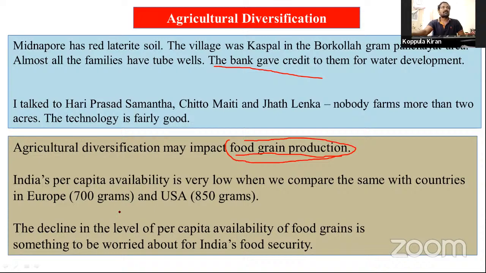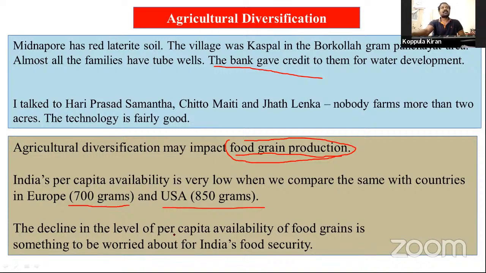But Europe uses 700 grams, USA 850 grams. They get nutritional food, and in this way they can do physical work easily. When they use nutritional food, energy is automatically generated, then they go to work.